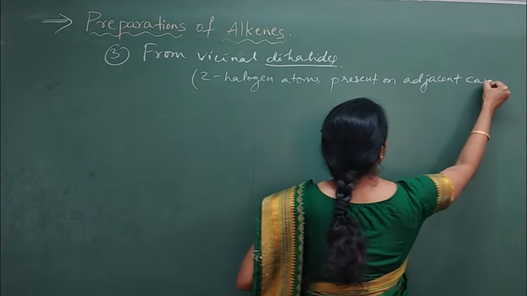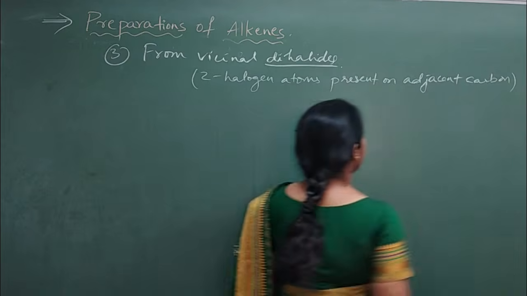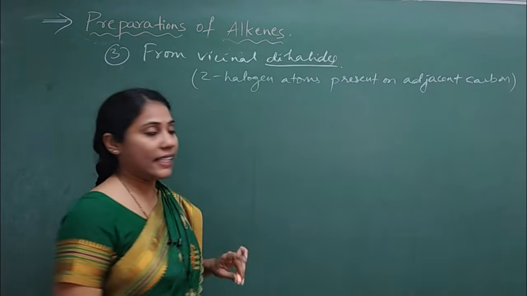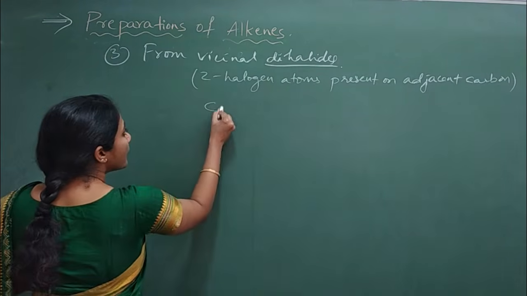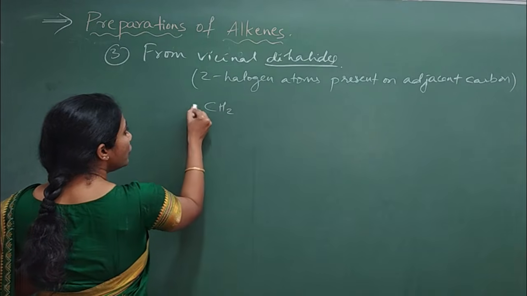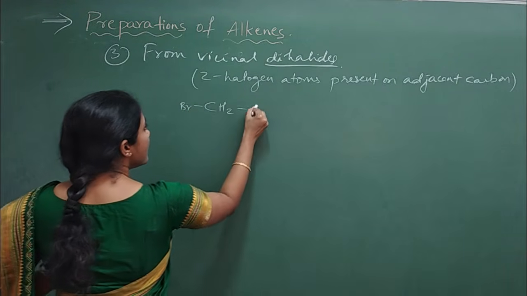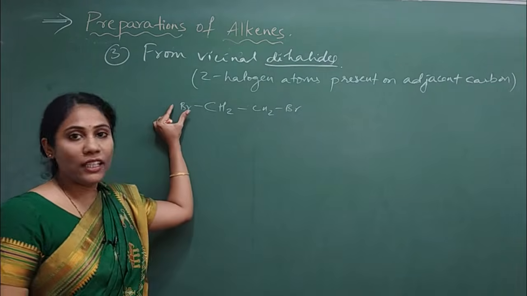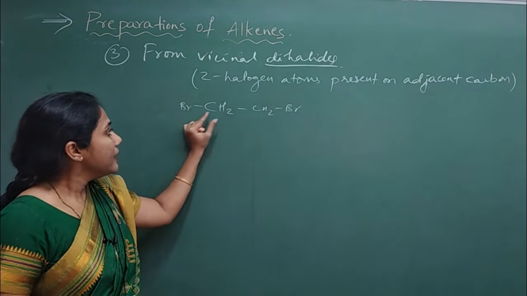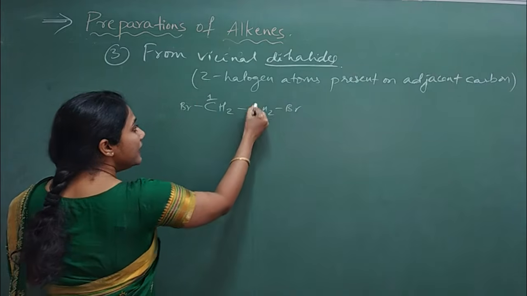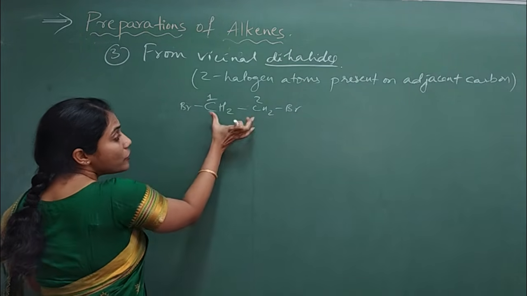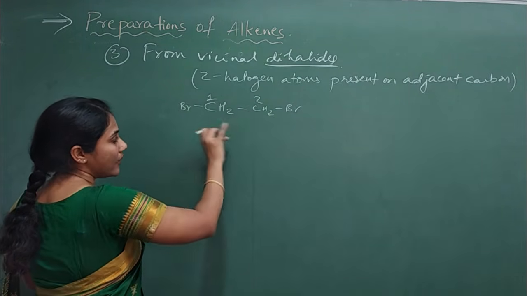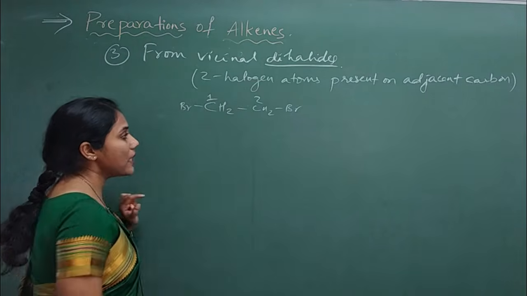Adjacent carbons bearing halogens is called a vicinal dihalide. For example, you see this CH2Br, CH2Br. So Br is the halogen atom at the first carbon and another Br is at the second carbon. So the carbons which are side to side, on them halogen atoms are present.